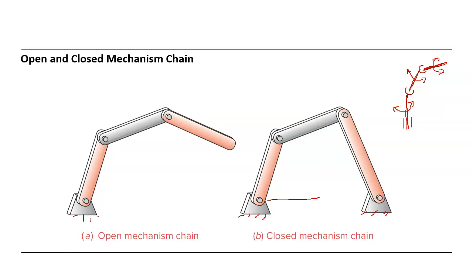Actually, there is a member one here, like this, but we don't want to draw it. This member is fixed to the ground, and therefore we said the grounded joint. And we call it 1. This is 1 here, and this is 2, the numbering. And this is 3, and this is 4.